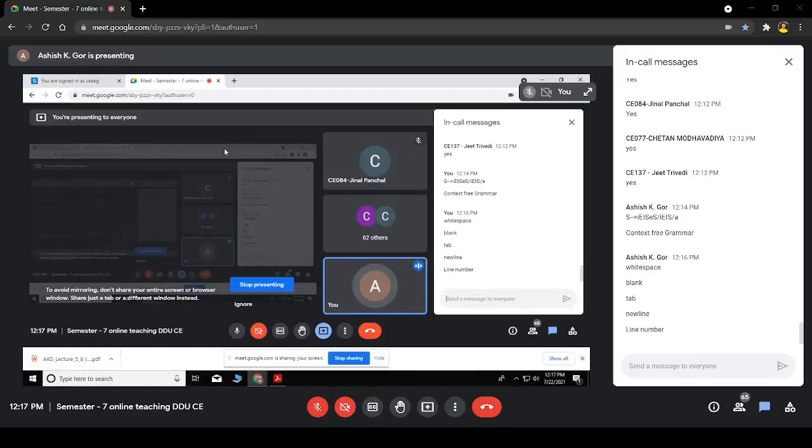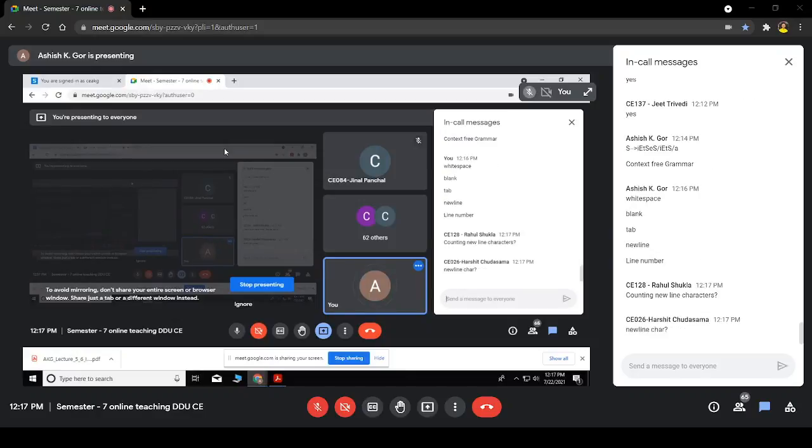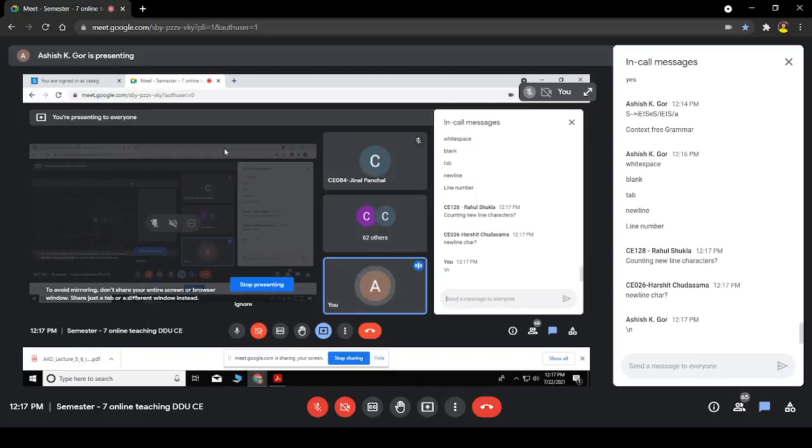Because with any error you get a line number. Yes, counting new line characters, very correct. So you can actually develop this program, very correct, Harshit and Rahul. You can count slash n, and every time slash n is there, you increment the line number by one.